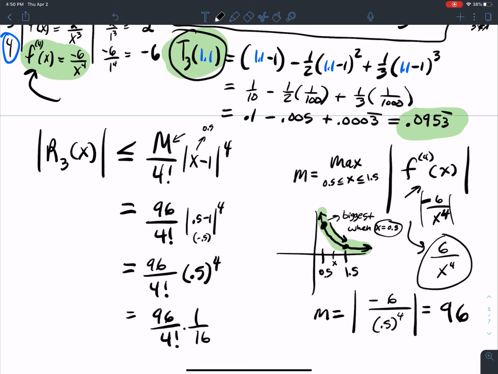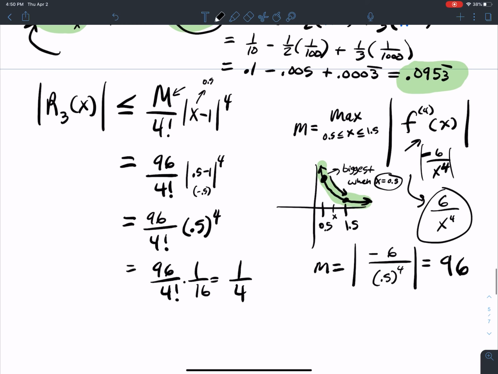When I multiply this out, I get 1/4. So the absolute value of the remainder, R3, is less than or equal to 0.25.